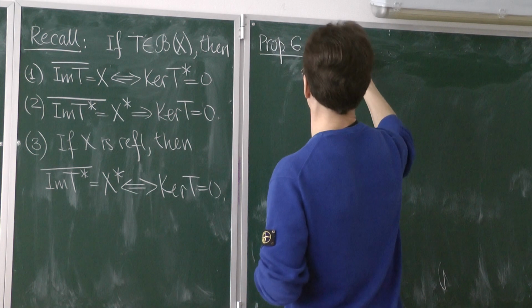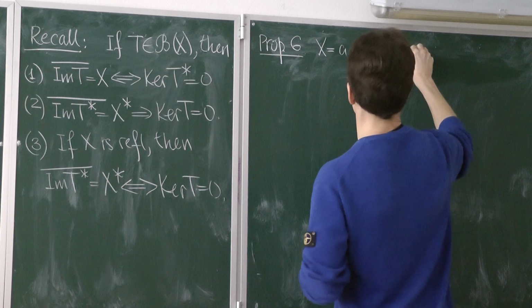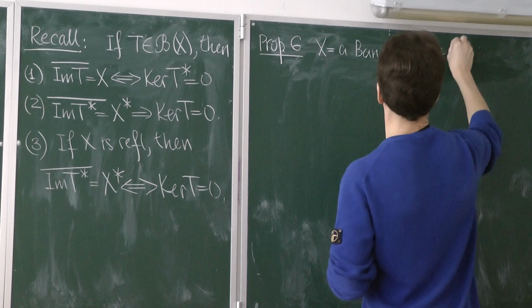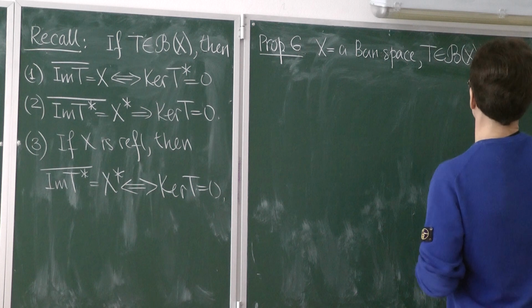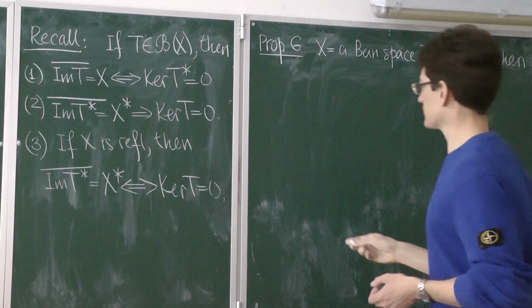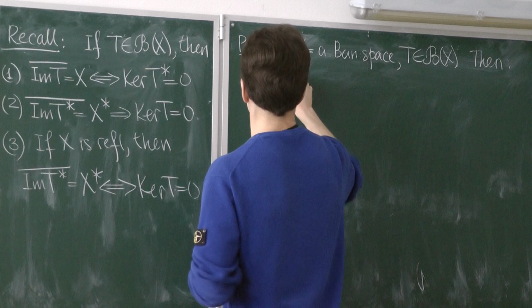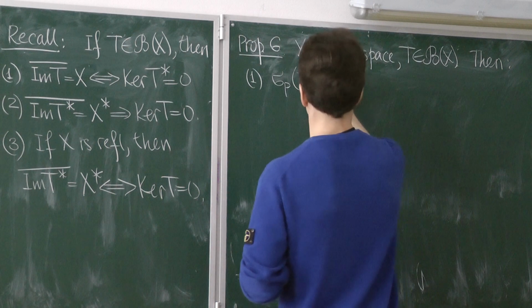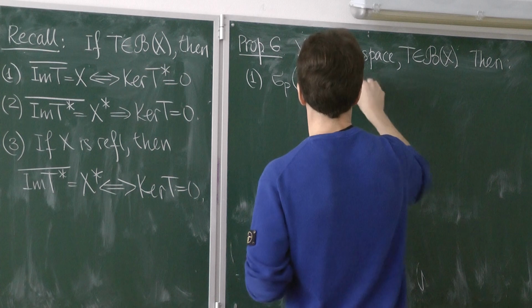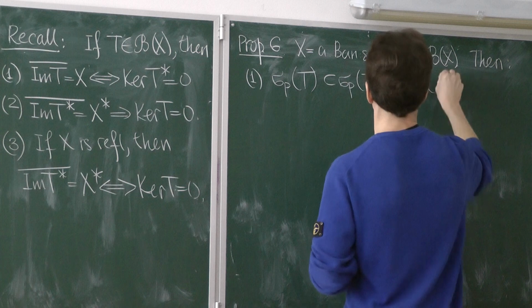So again, X is a Banach space, and T is a bounded operator on X. Then we have the following relations. Relation 1: the point spectrum of T is contained in the union of the point spectrum of T star and the residual spectrum of T star.